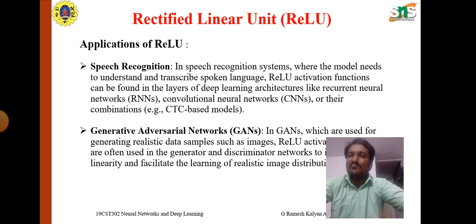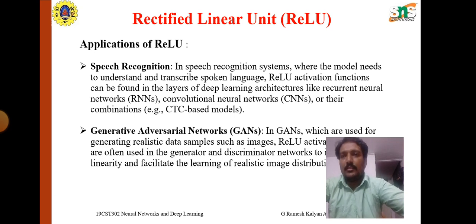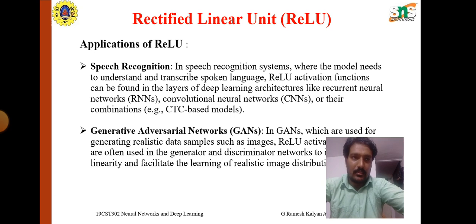In simple words, the model initially needs to understand the language. Only when it could understand the language, it could transcribe the language into a sentence as per its use. This is done using recurrent neural networks or convolutional neural networks or a combination of both.